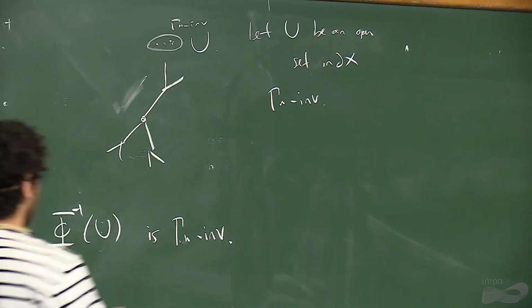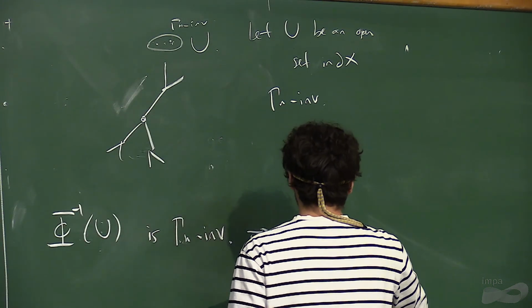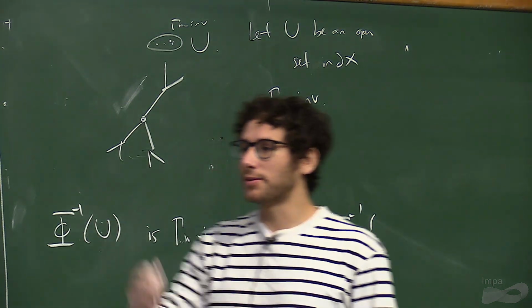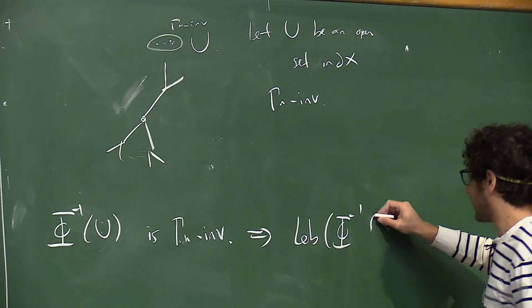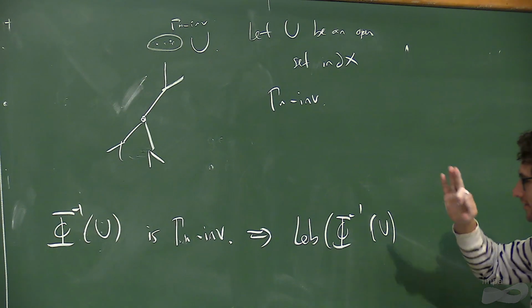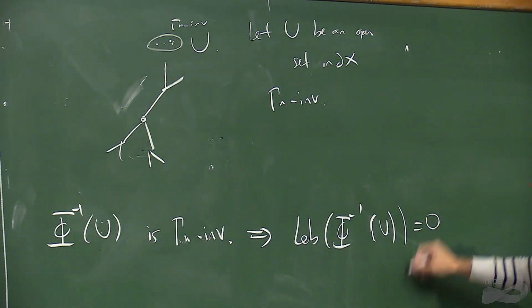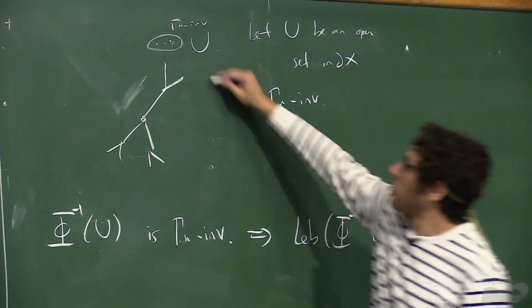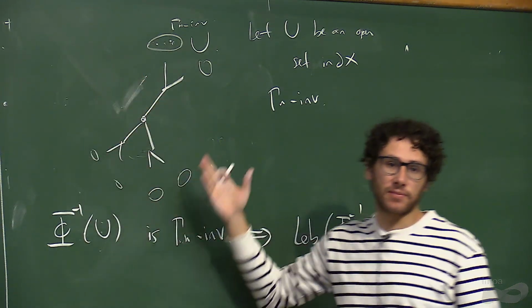Then the Lebesgue measure of it is either 0 or 1, and this means one of these open sets has to have measure 1.